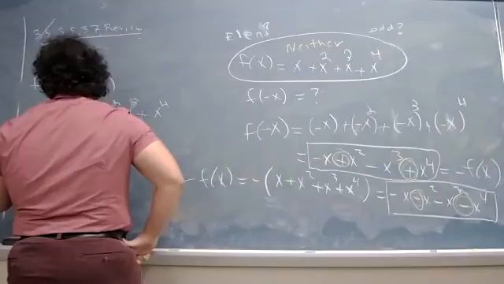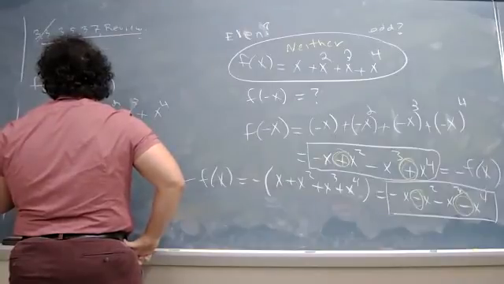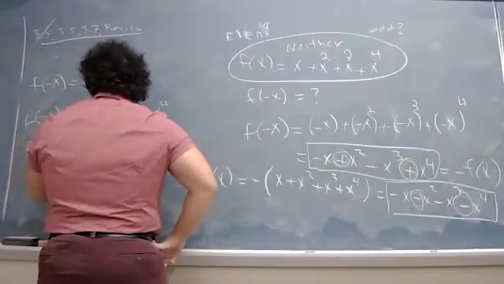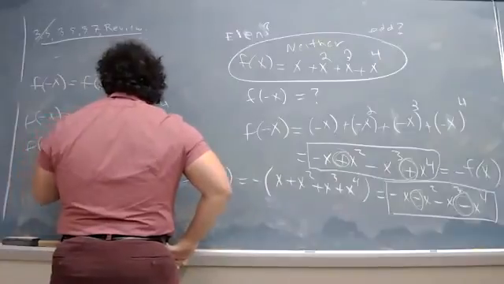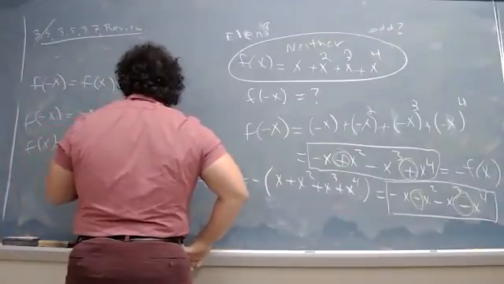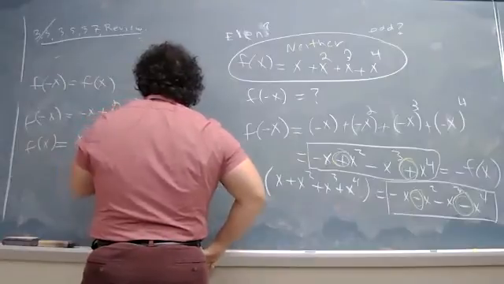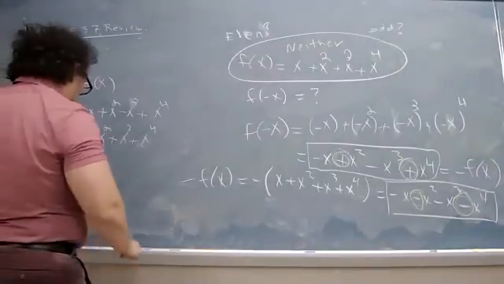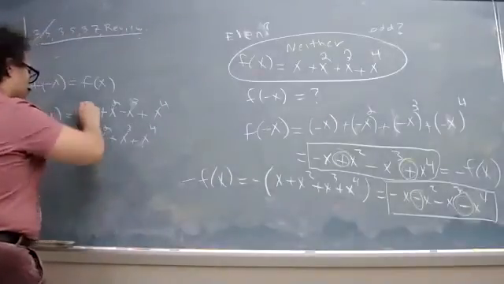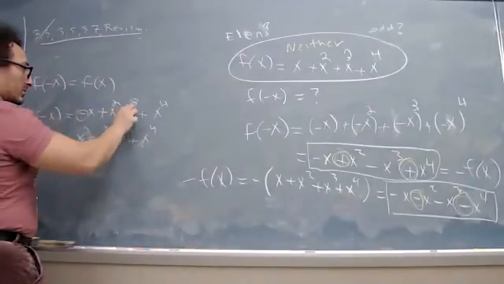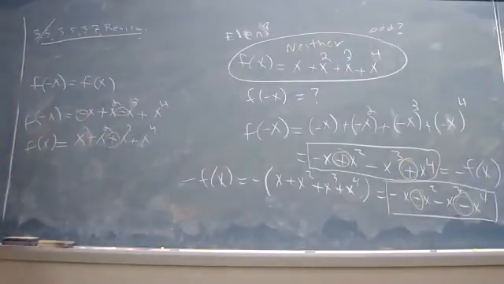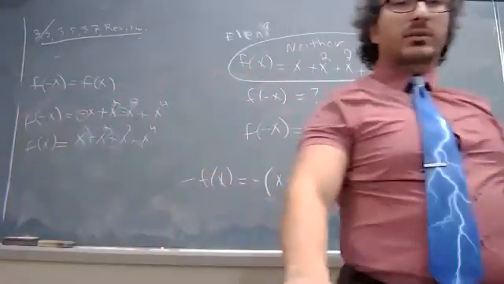Whereas what we needed it to equal was f of x, which is equal to x plus x squared plus x cubed plus x to the fourth. Notice how they're not the same. There's a minus over here. There's not a minus over here. So it's not odd, it's not even, it's neither.